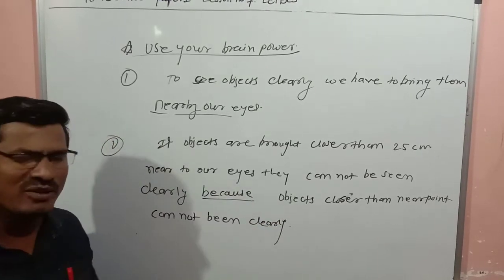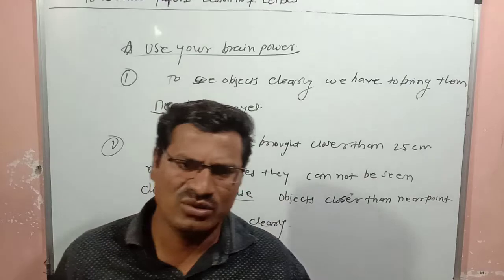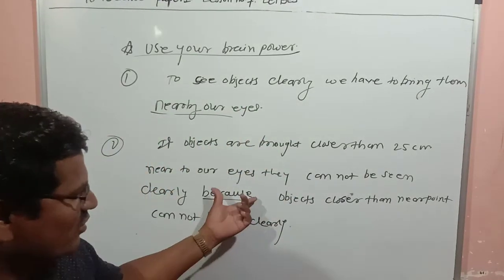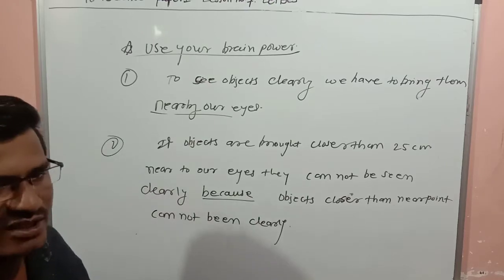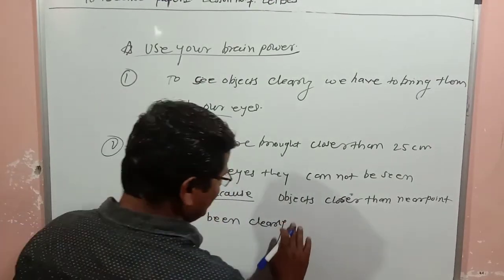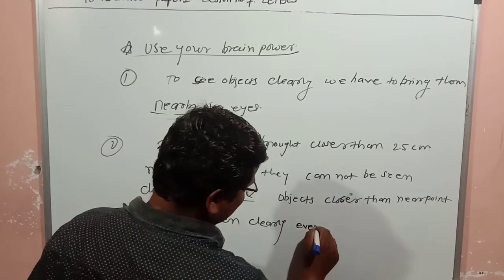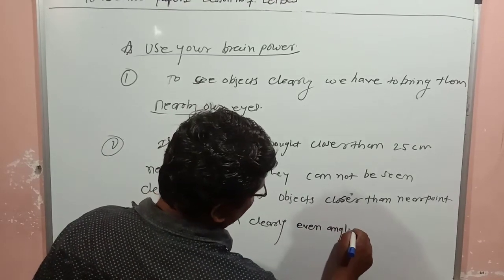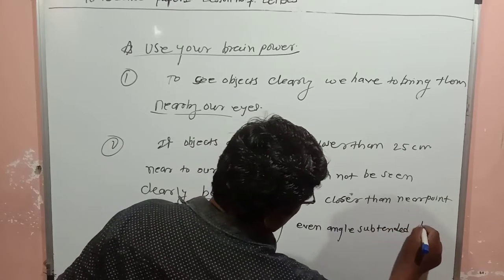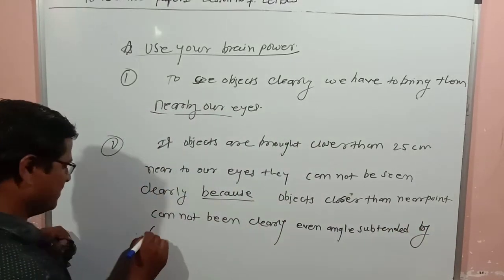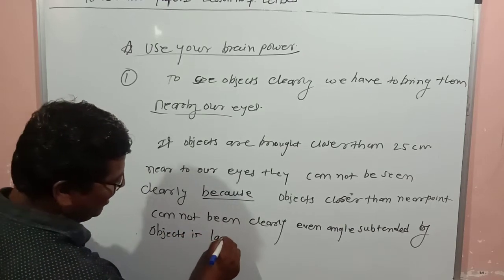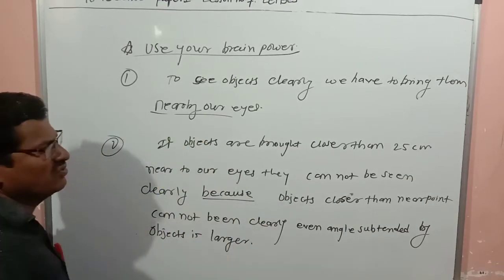If objects are coming closer than the near point, then they are not looking clearly. This one you have to remember. Even the angle subtended by objects is larger. So this one you have to remember.